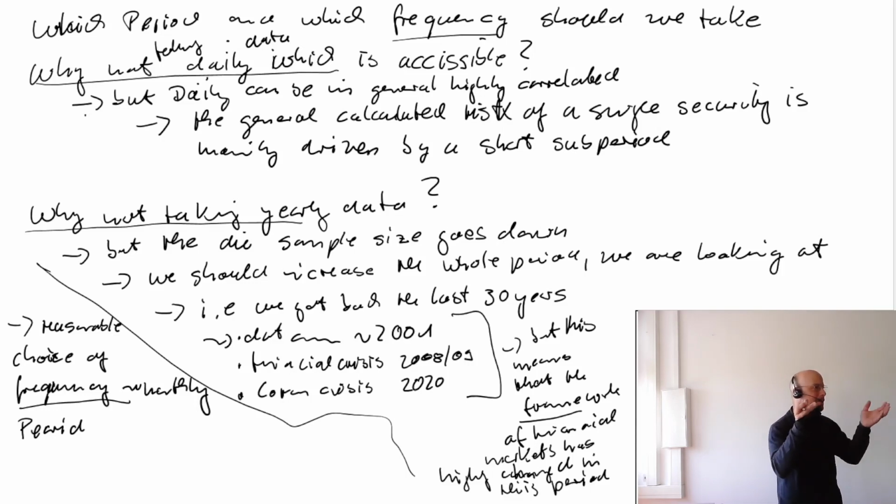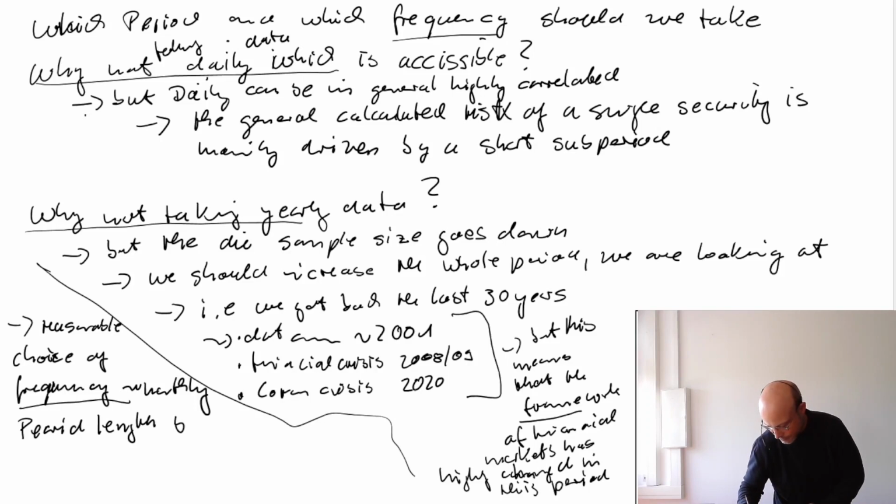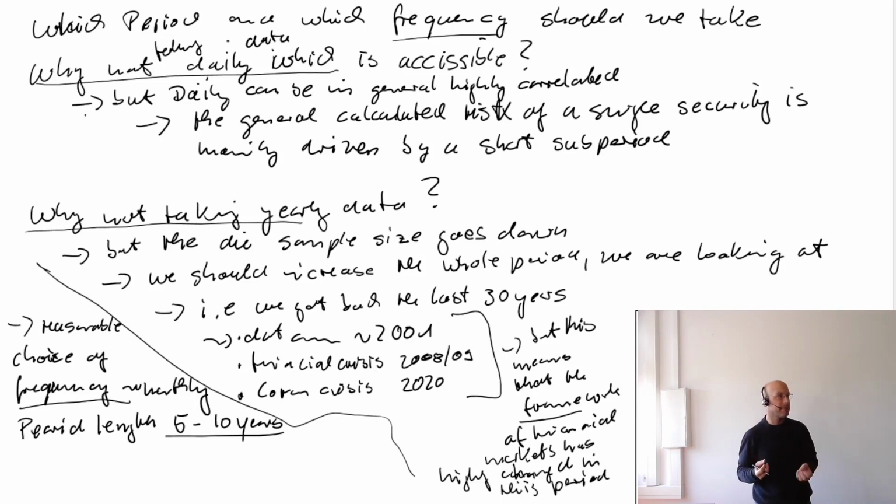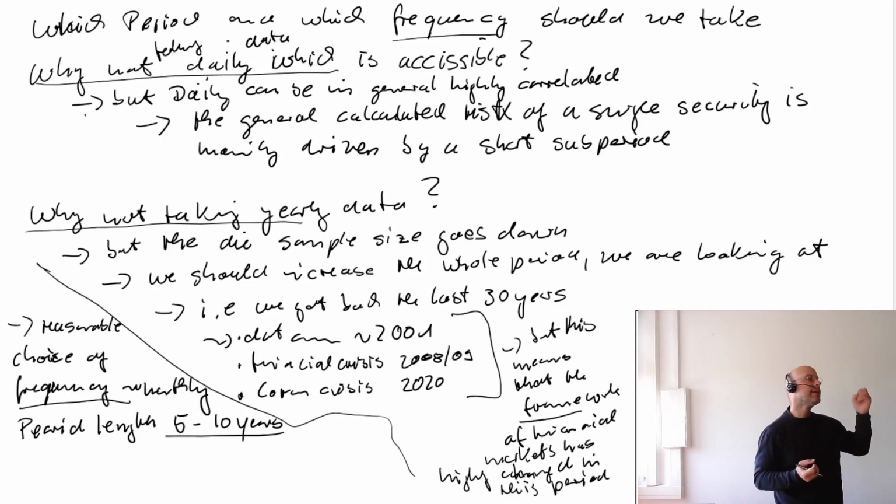So let's say we look at a period in between 5 to 10 years. Then period length 5 to 10 years. And also, if you think about which frequency, which period length, you always have to keep in mind, do I get the data for this?